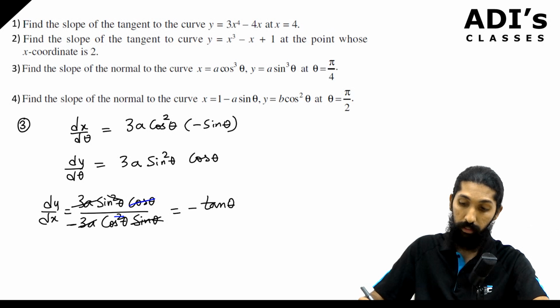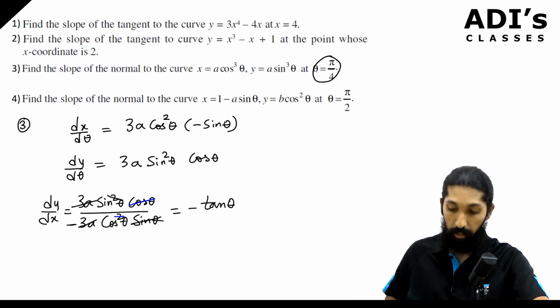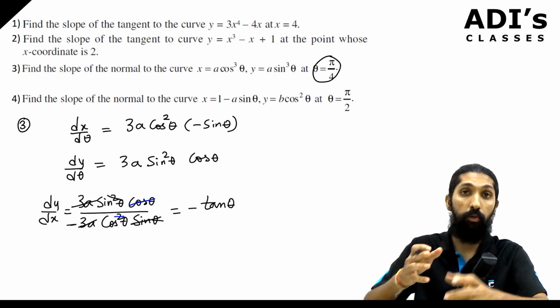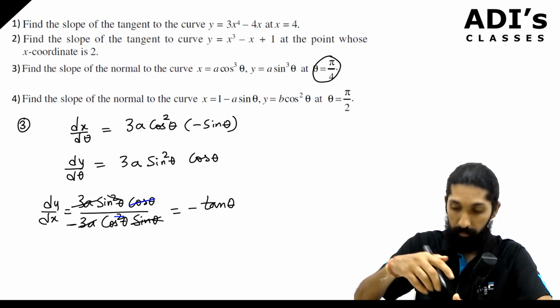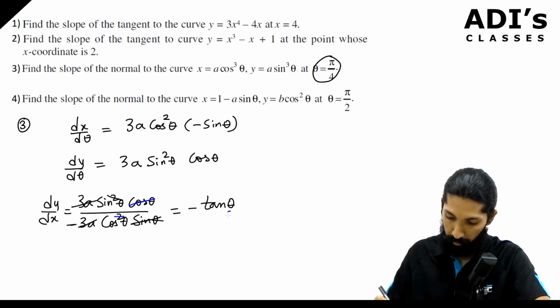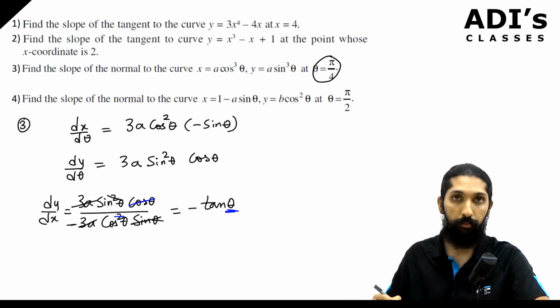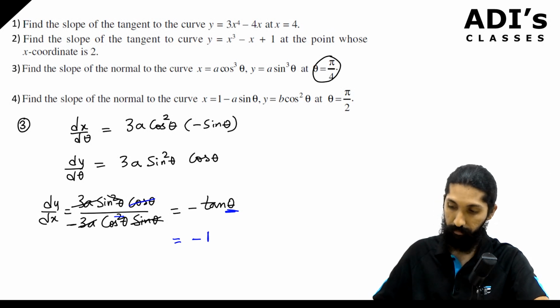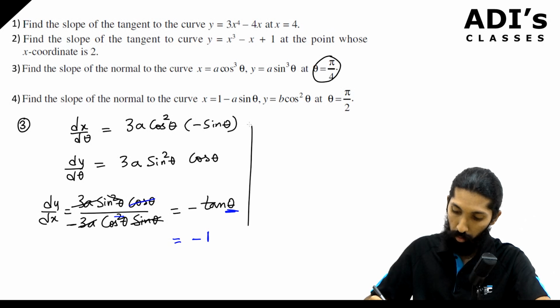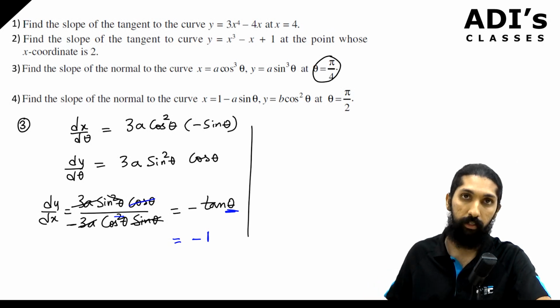What is the value? The theta value is pi by 4. If you take theta as pi by 4, you have minus tan pi by 4, isn't it? So we are substituting theta as pi by 4, and you will get the value as minus 1. Now, the slope of the tangent is negative 1, isn't it?